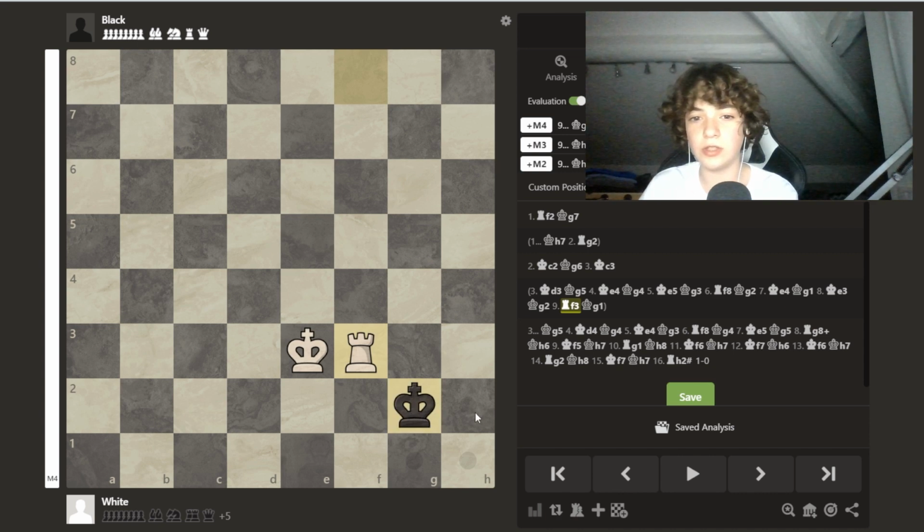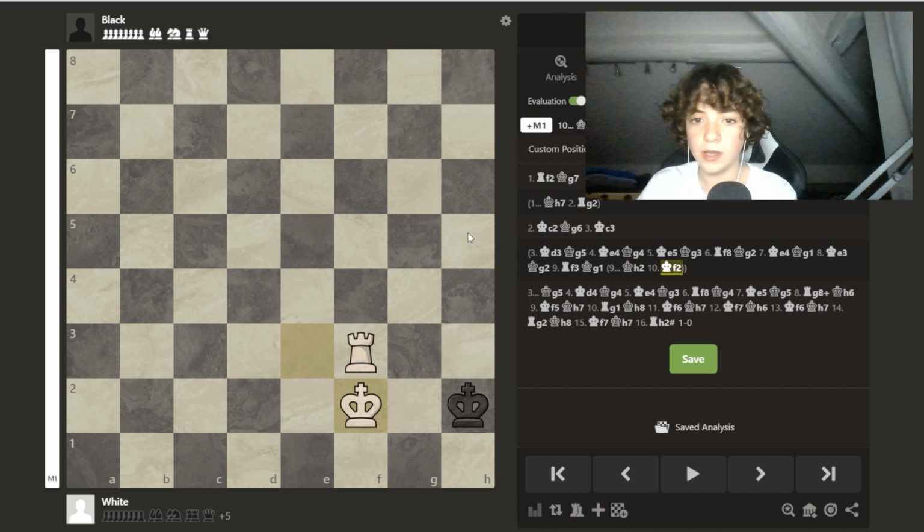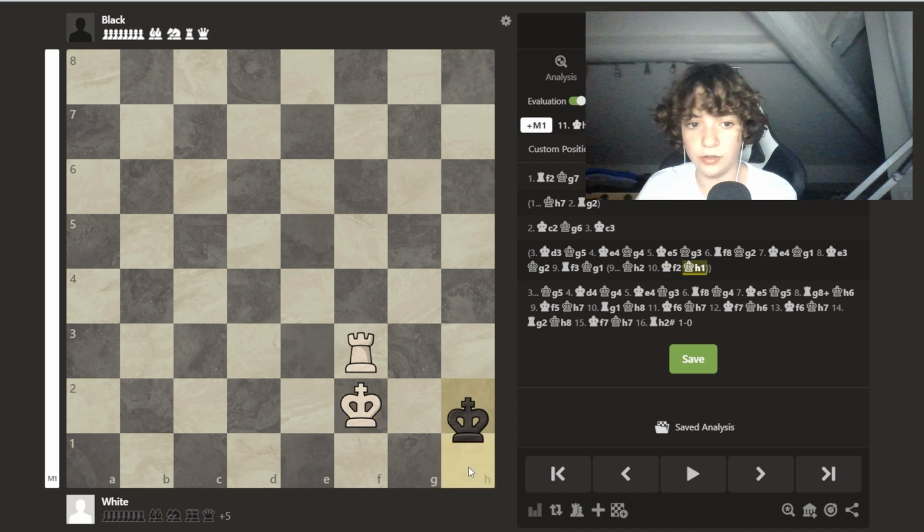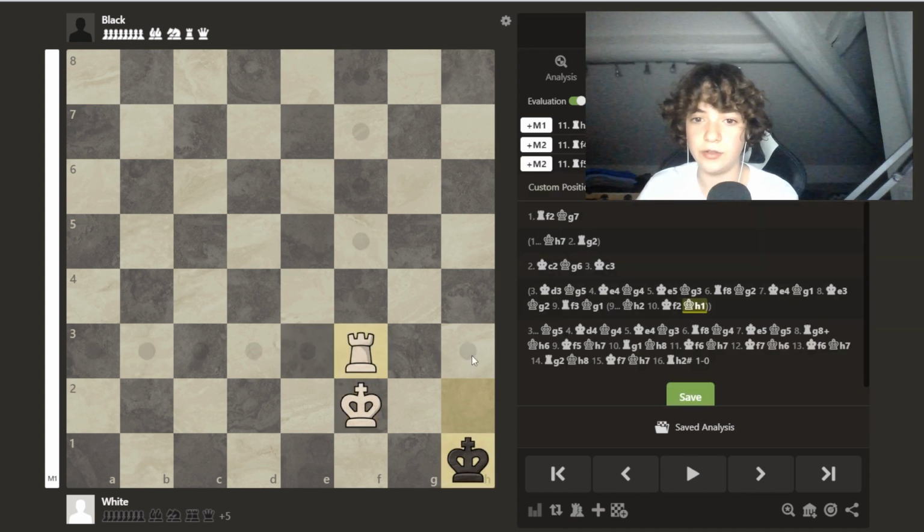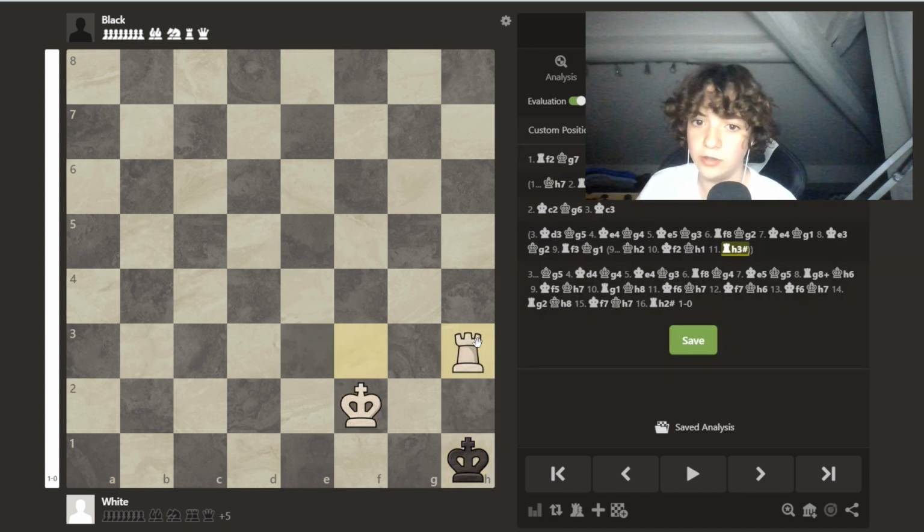If he goes to this side of the board, you go king f2, pushing him closer to the side of the board. So the king here has only one legal move, to go to h1, and then here you finish him off with the rook.